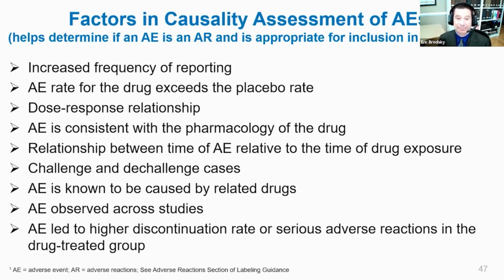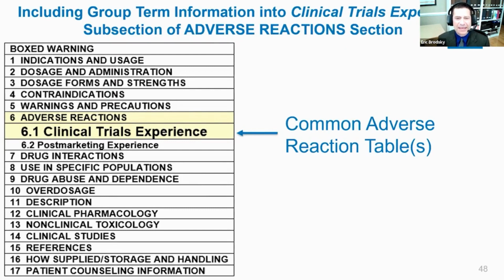Next slide, please. So as I discussed before, the talk really involves the most common adverse reaction table or tables in the clinical trials experience subsection of the adverse reaction section, section 6, in the full prescribing information. Section 6 is one of up to 18 sections in the full prescribing information.